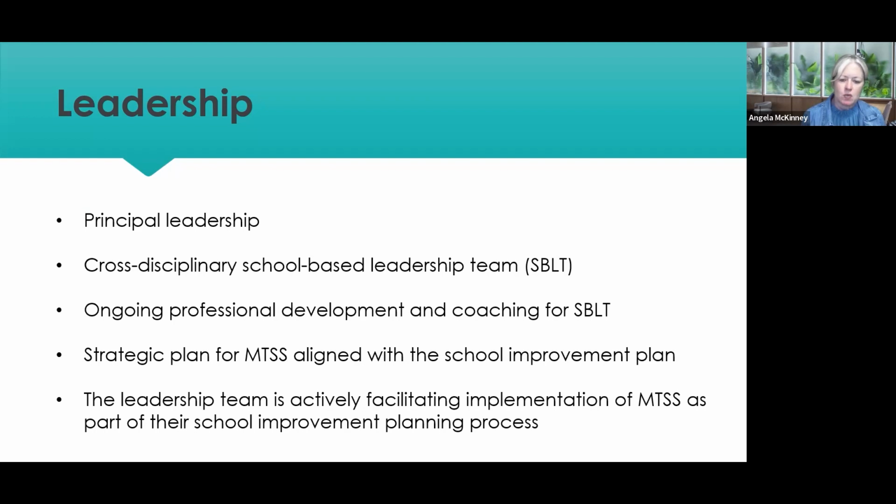The idea is when they come together, they become the people who make it all happen. They become the people who say, you know what, our people need training on this kind of intervention. We need to schedule more collaboration time for teachers to be able to meet. We need to put some structures or procedures in place so that everybody knows what they're doing. This is the team that figures that kind of stuff out and makes it happen.